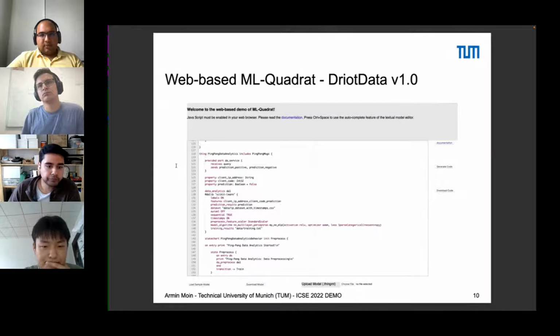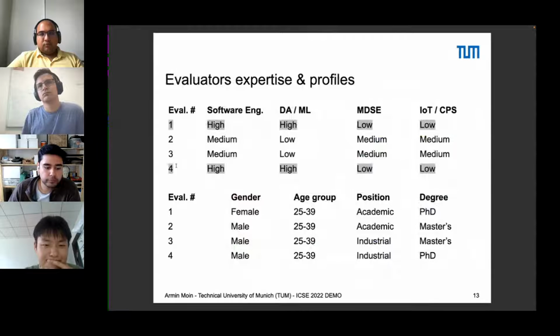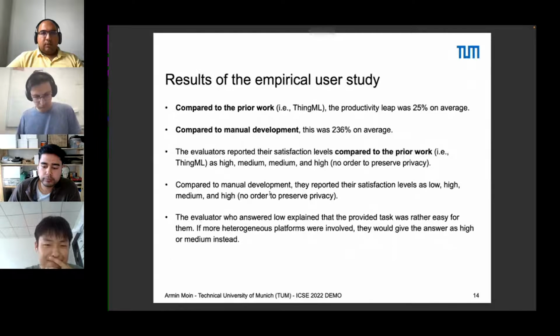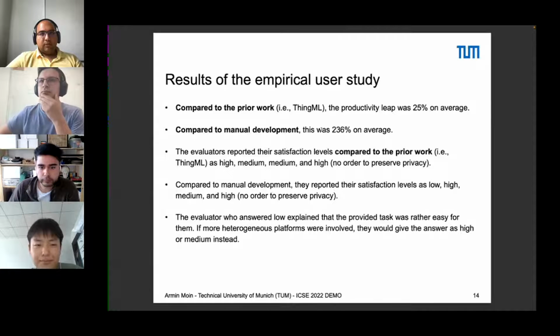And also we asked them in a separate experiment to do manual development to solve a specific task. And then it turned out that compared to the state-of-the-art, the productivity leap was 25% on average, whereas compared to manual software development, the productivity leap was 236% on average.